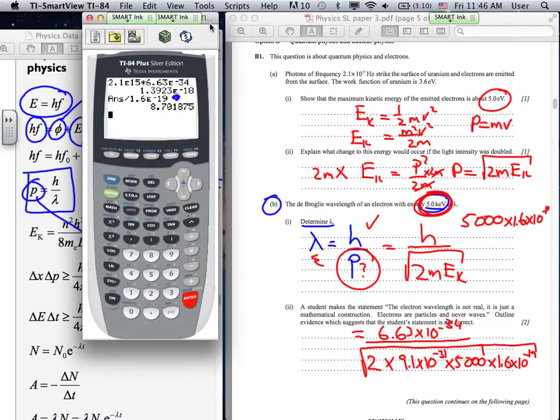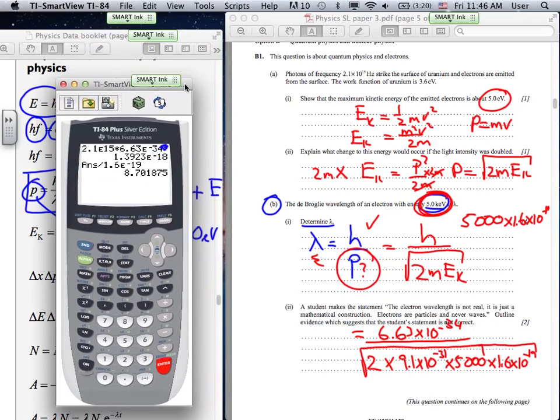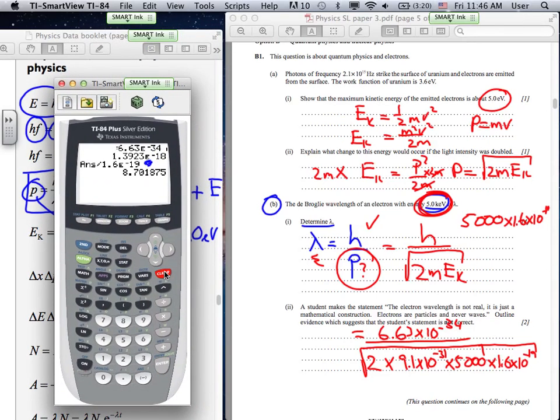So let's bring up the calculator here. I can clear that. Let me clear this ink also.